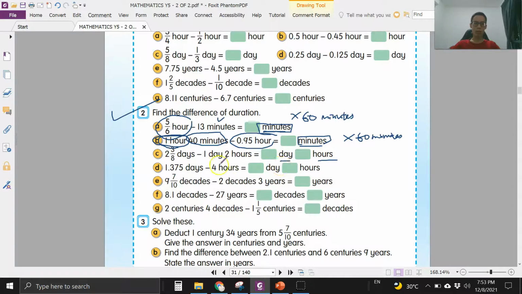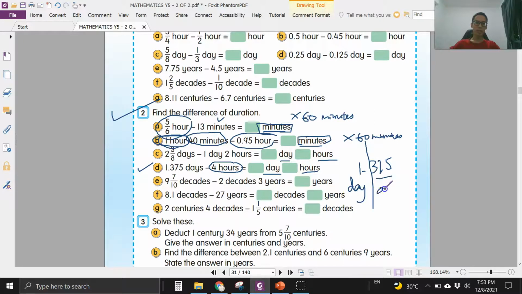Okay, now look at this one, question D. The question is asking for days and hours. So this one is already in hours, so it's fine. Now this one, 1.375. What you do is you split them. So the 1 in front is 1 day.